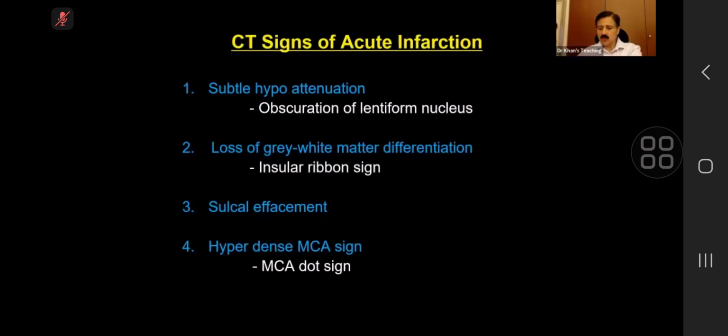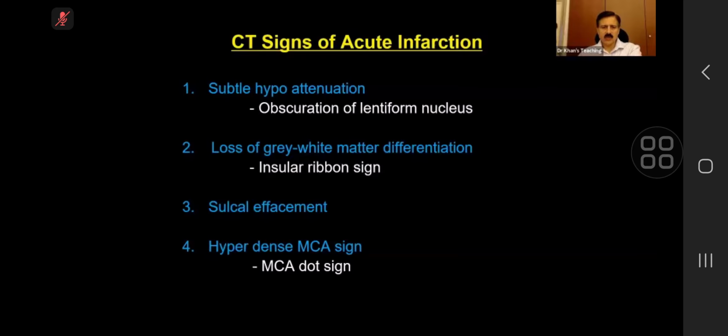Now, quickly, we are going to candidate 7. Please raise your hand. Now, quickly, we are going to go through cases of acute infarctions which can come in the exam. But before we do that, a few signs which are important for the exam.